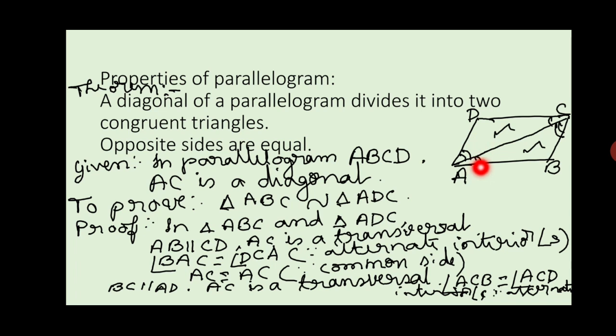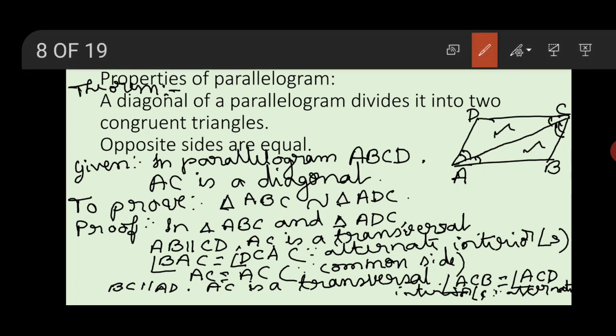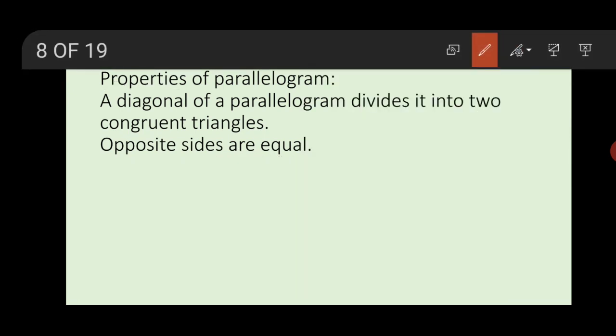Now see here: angle, side, again angle. ASA. ASA congruency rule. These two triangles are what? Congruent. Therefore, write down: which two triangles are congruent?